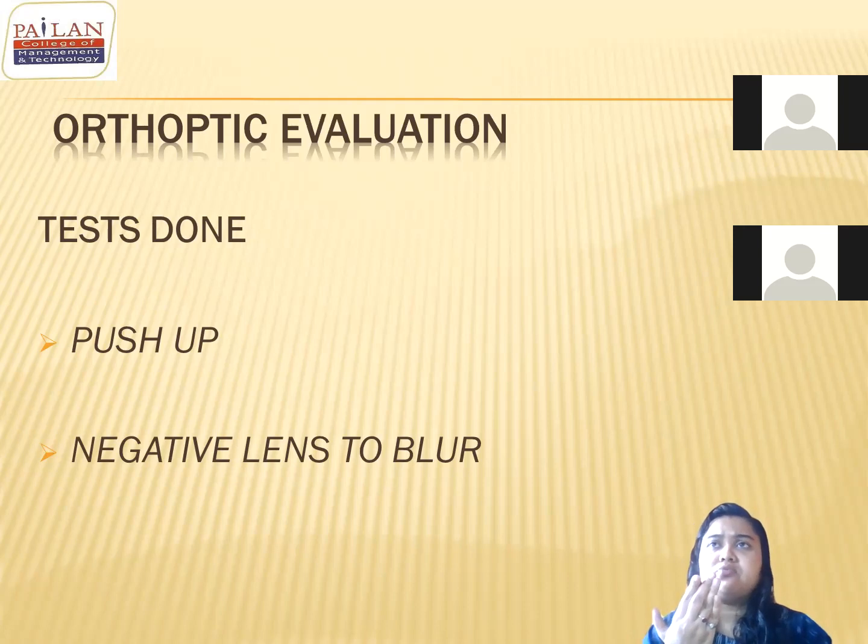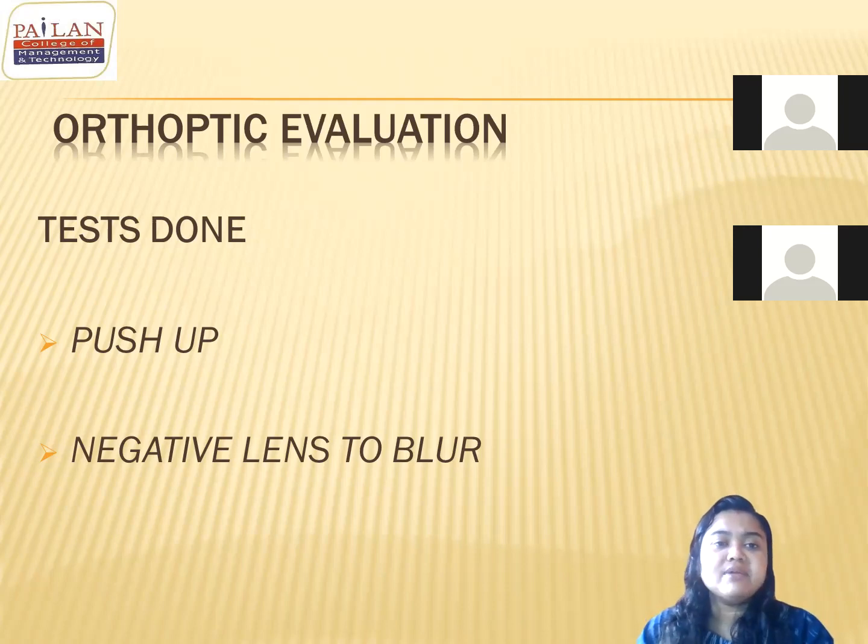At one point the patient reports it gets blurred. This is a push-up test. You are pushing up the book towards the patient's eyes, bringing the reading book closer from a distance till the patient reports the first sustained blur.